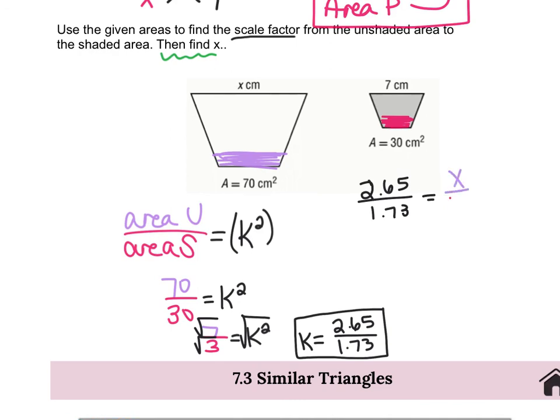Again, we need the scale factor and our areas to correlate directly, in the same exact order. The last thing left to do is to cross multiply and solve. So we get 1.73x equals 2.65 times 7. That comes out to 18.55. Then when we divide both sides by 1.73, we get x equaling 10.7.